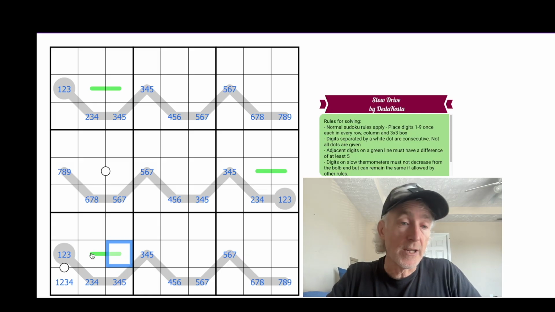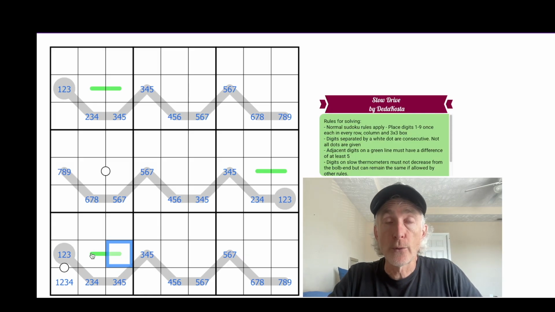The lowest it could be is 4, because 5 away from 4 is 9. So if it is a 4, the other number would have to be a 9. If we go to 3, then we could have 8 or 9. If we go to 2, we could have 7, 8, or 9. 1 would be 6, 7, 8, or 9, and that's as low as we can go.